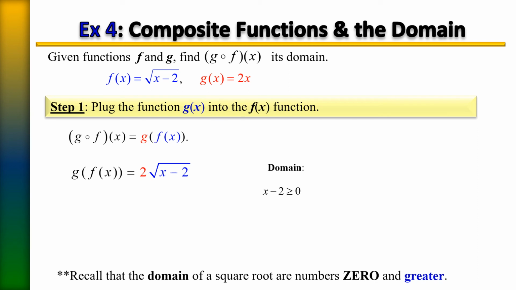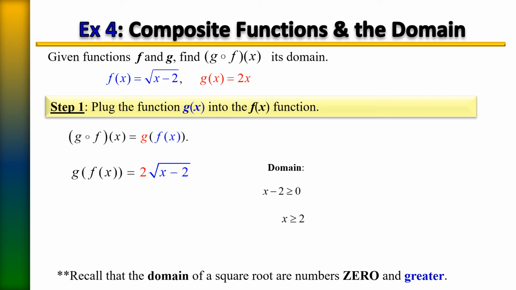When we set it to greater than or equal to 0 and solve for x, we would need to add 2 to each side. And so x would have to be a number that is greater than or equal to 2. That's all the allowable values that we can plug in here.